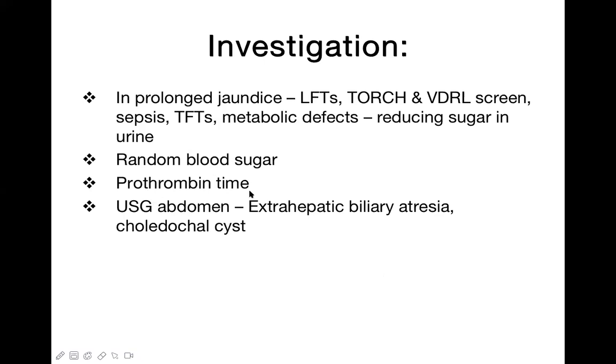Examine prothrombin time and others like APTT and fibrinogen level if you suspect DIC, and try to diagnose extrahepatic biliary atresia and choledochal cyst by doing ultrasonography of the abdomen. If necessary, go for CT scan as well. So these are some other investigations to find out what type of jaundice is there, whether unconjugated or conjugated.